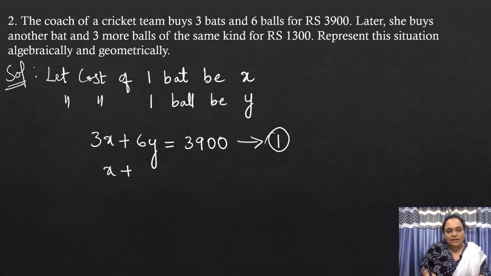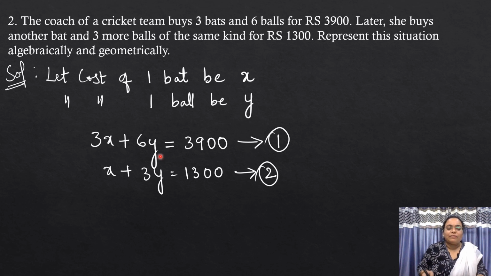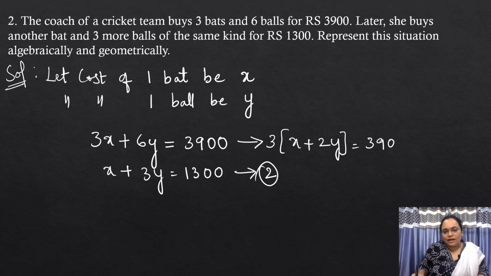x plus 3y is equal to 1,300. This is our equation 2. See, from the first equation, if you see, this can be simplified further. From the first equation, if you take 3 common, that will be x plus 2y is equal to 3,900 divided by 3.